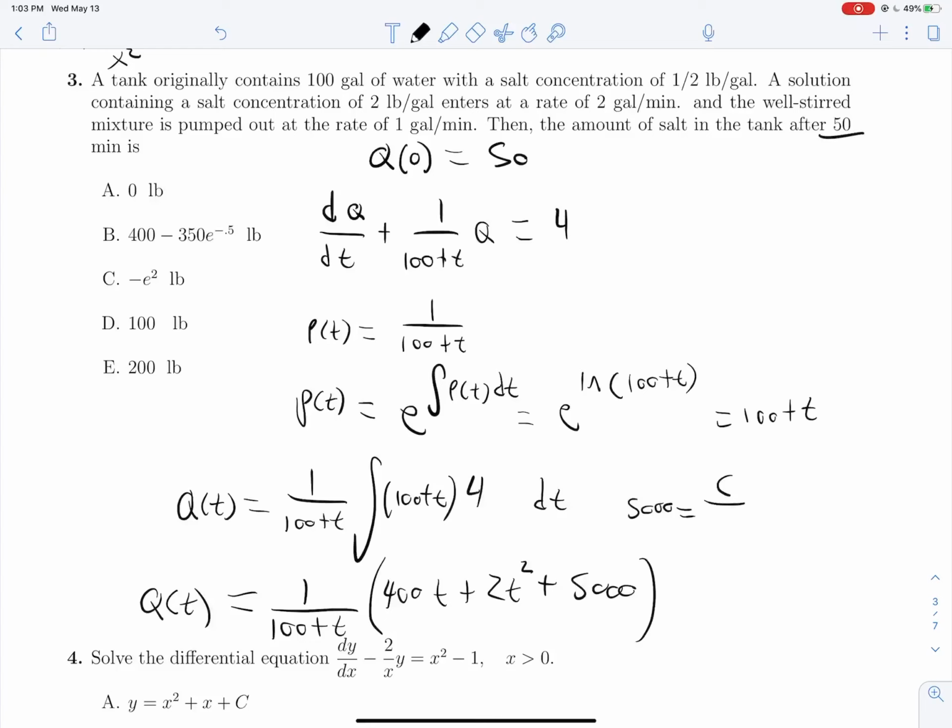We're looking for the amount of salt in our tank after 50 minutes. So Q at 50 is equal to 1 over 150 multiplied by 20,000 plus 5,000 plus 5,000. And this will give us 30,000 over 150, which is just 200. So E is our correct answer for number 3.